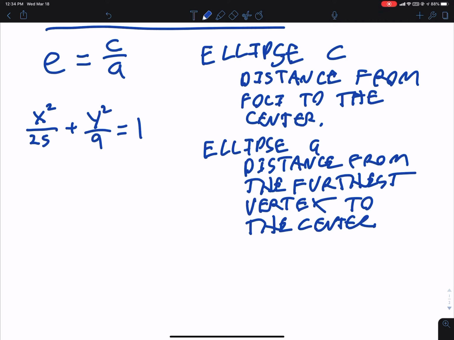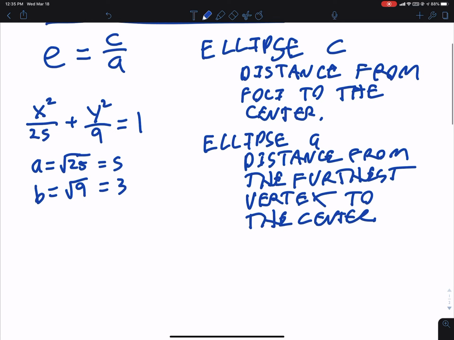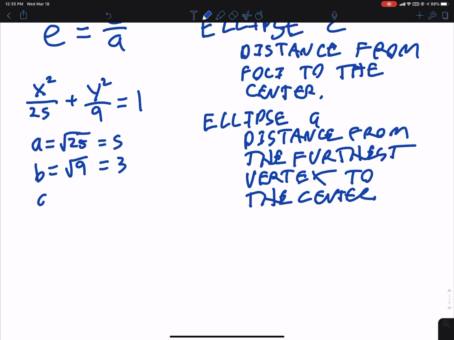Let's calculate the eccentricity. So A would be the square root of 25, which is 5. And B would be the square root of 9, which is 3. But we know in an ellipse, A squared is B squared plus C squared.